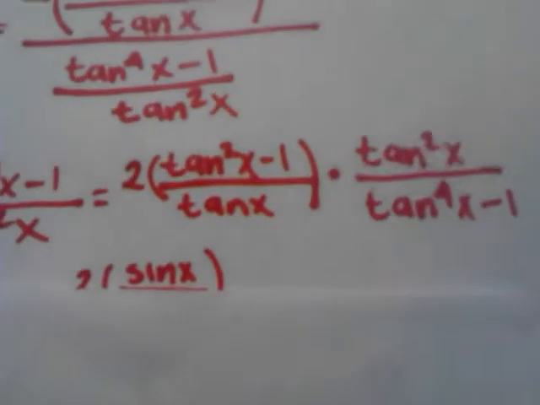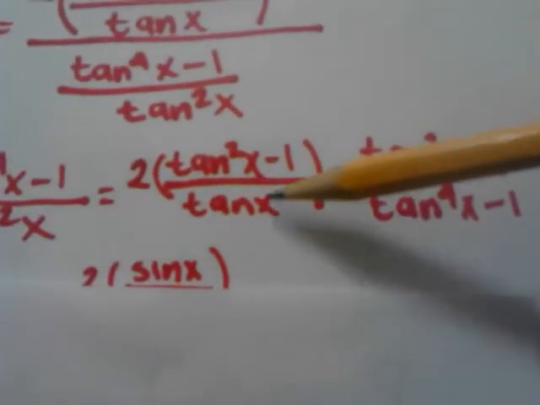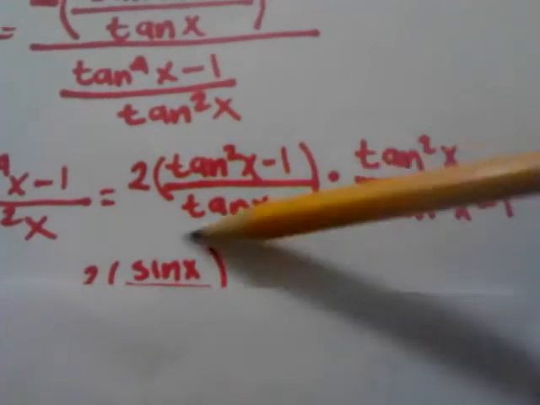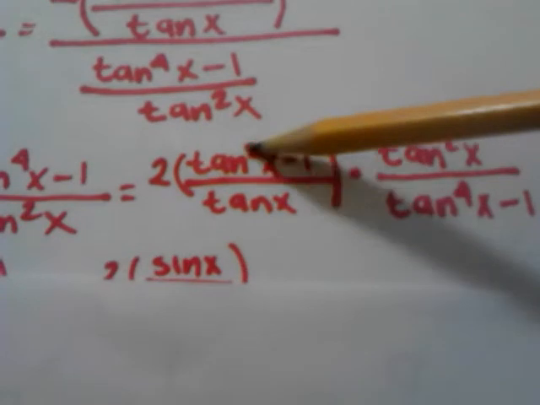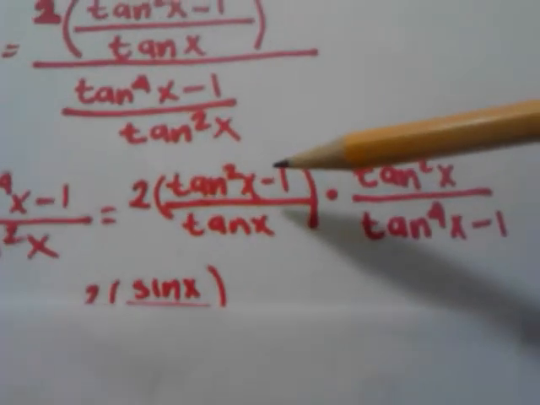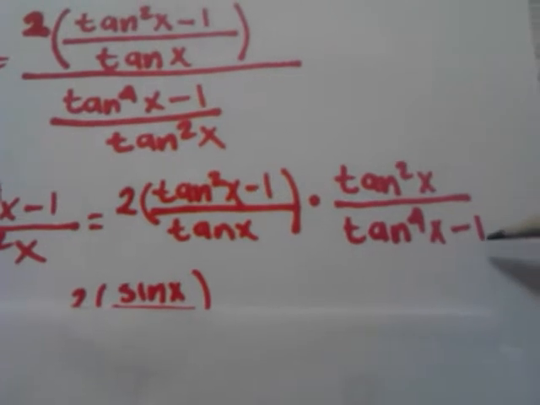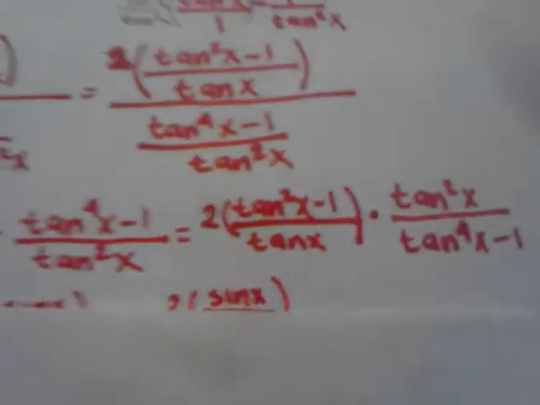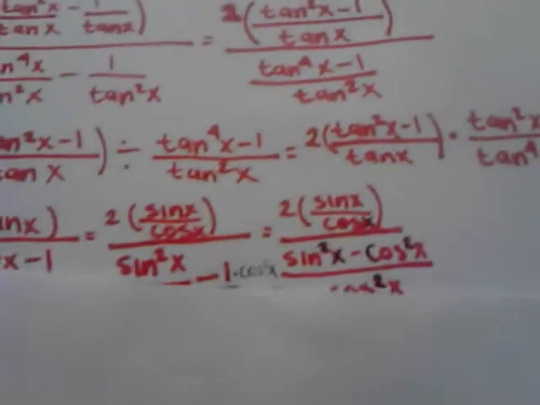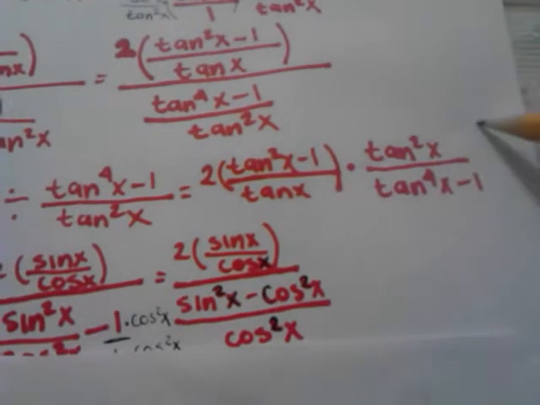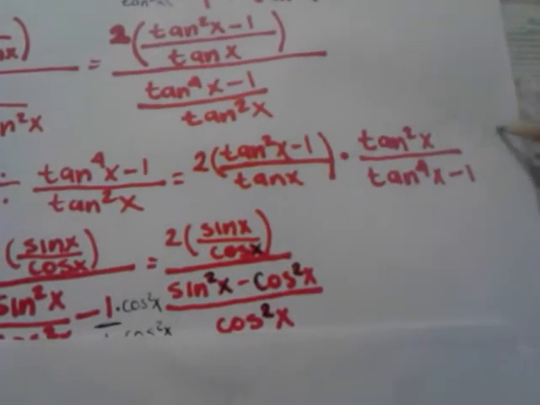So now we can see that we have tangent of x here and tangent square of x here, so we're able to cancel 1, and we're able to cancel 2 here because we have tangent square of x minus 1 and tangent to the 4x minus 1. We can cancel 2 of them, so we cancel here and here, and we just get tangent of x here.